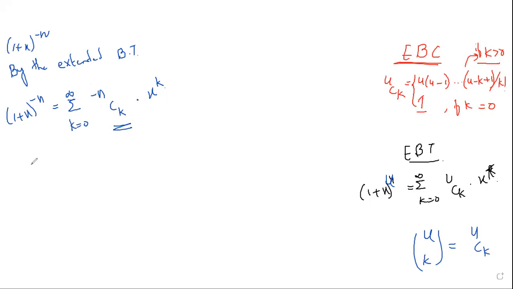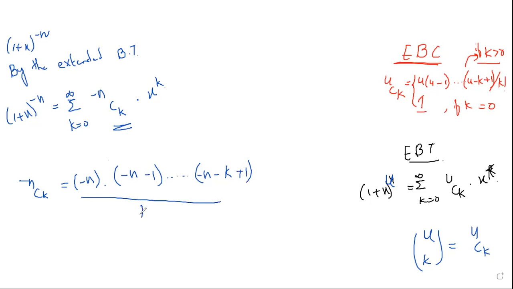So this can be written as follows. Minus n C k, using this formula, we can write it as minus n into (minus n minus 1) and so on up to, instead of u, we are writing minus n, then (minus n minus k plus 1) by k factorial.